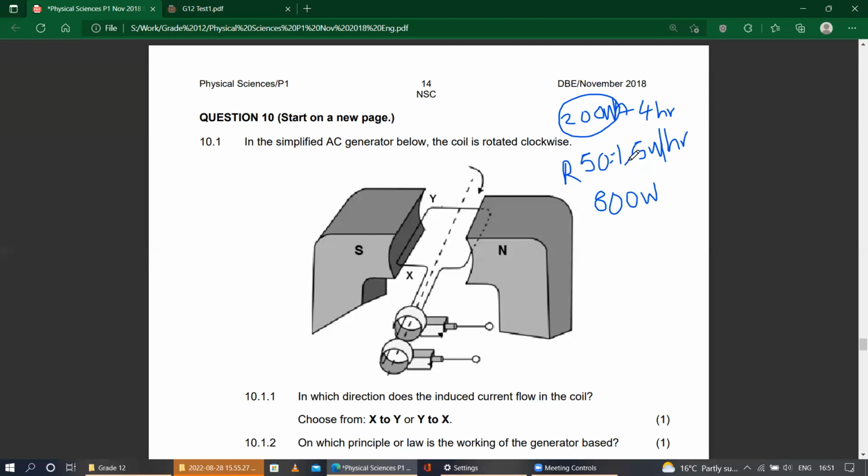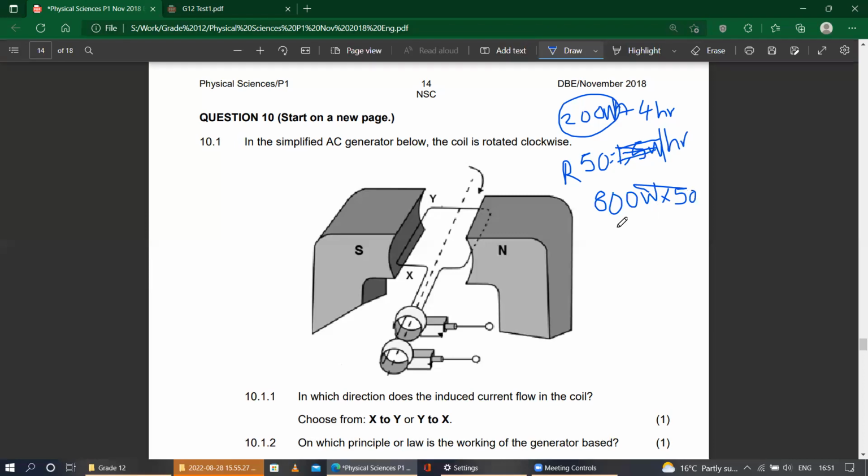Since the price of electricity is 50 rands per watt, you're just gonna take this, multiply it by 50, and then you're just gonna get 4,000 rands.